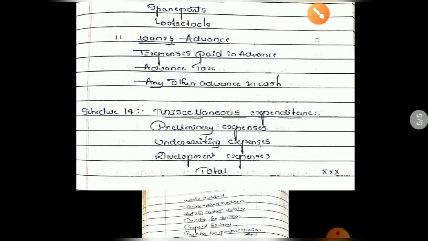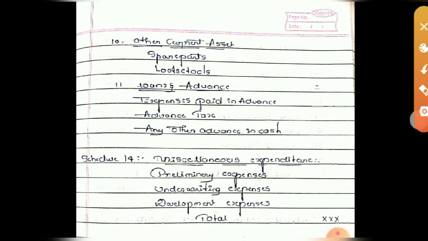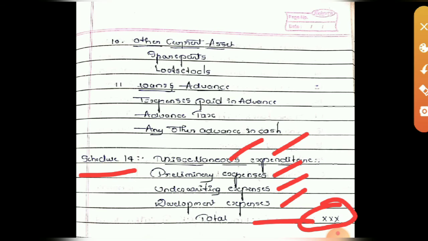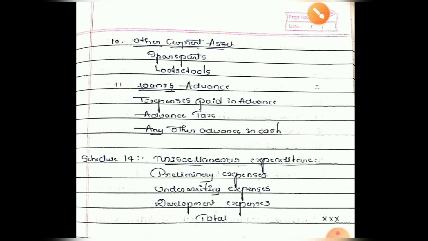Then last, schedule number 14 will be there. Under schedule number 14, miscellaneous expenditure will come. That is preliminary expenses, underwriting expenses, development expenses. Such expenses will come. That is called miscellaneous expenses, and you have to take it into the outer column.